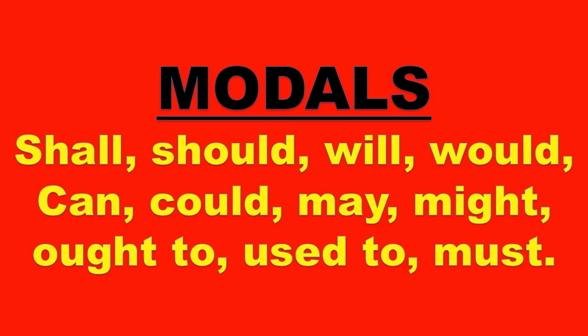And on the other hand, we have as many as 13 modals. Now, what are they? As you can see here, verbs like shall, should, will, would, can, could, may, might, ought to, used to, and must.